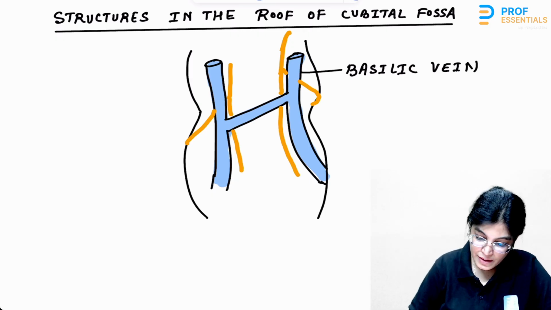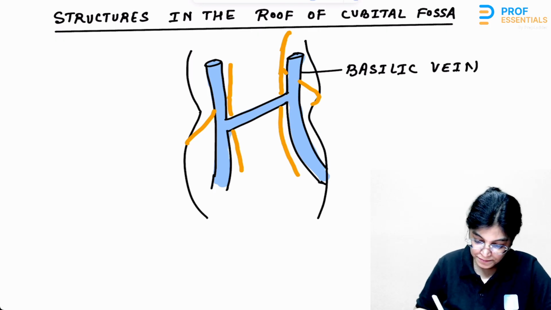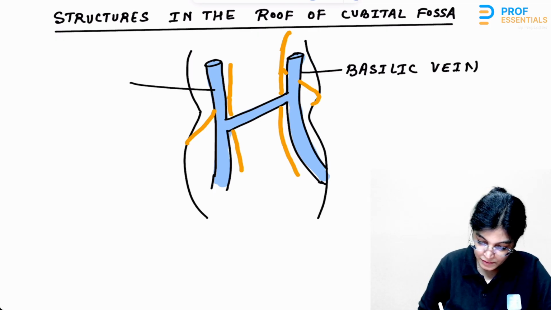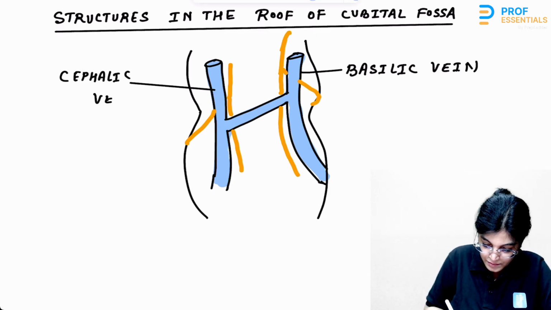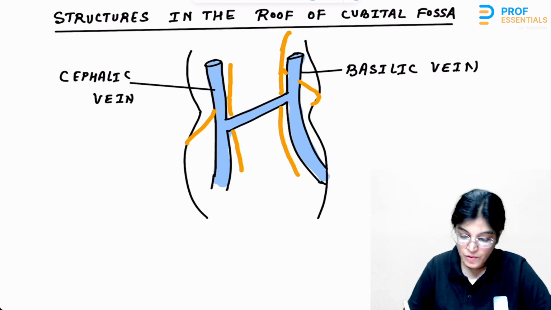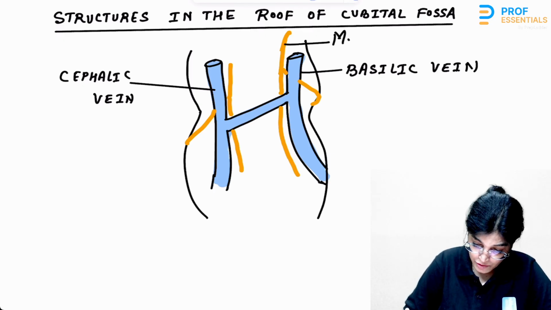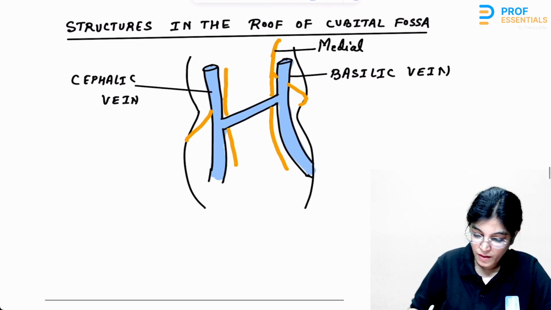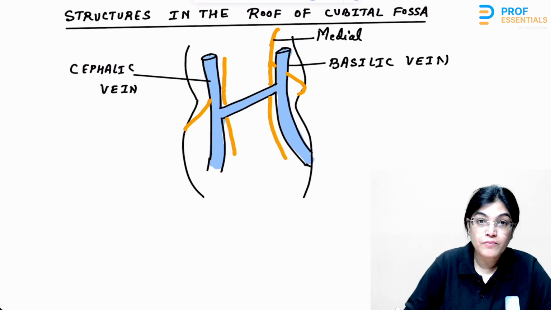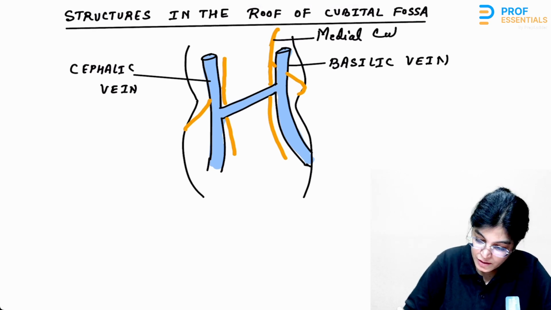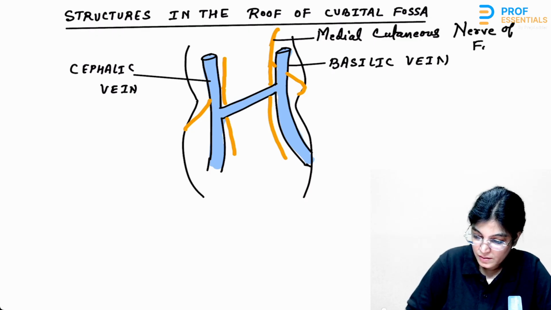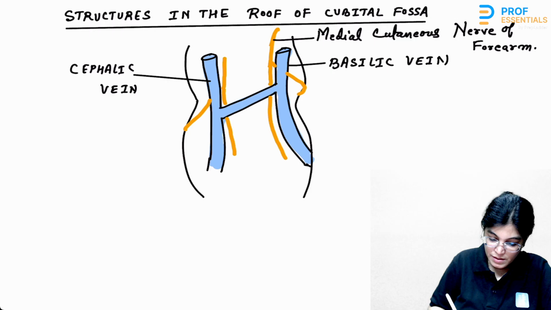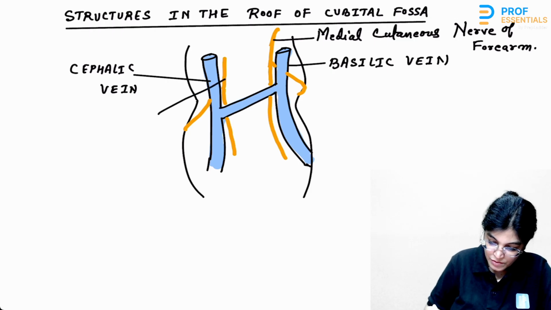So this is the cephalic vein. This is the medial cutaneous nerve of arm and medial cutaneous nerve of forearm. And this is the lateral cutaneous nerve of forearm.